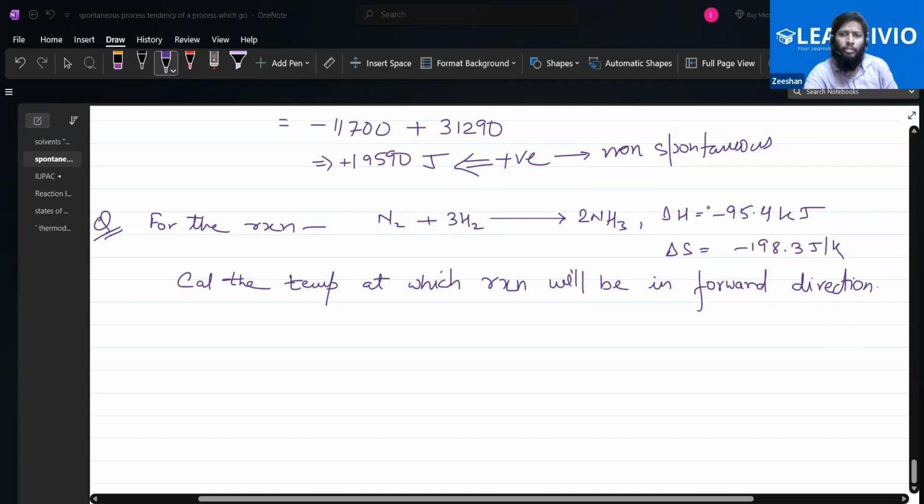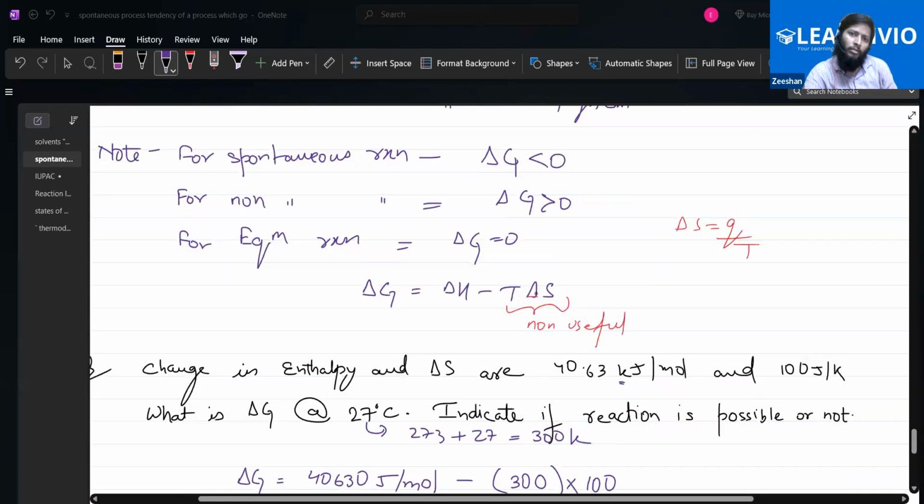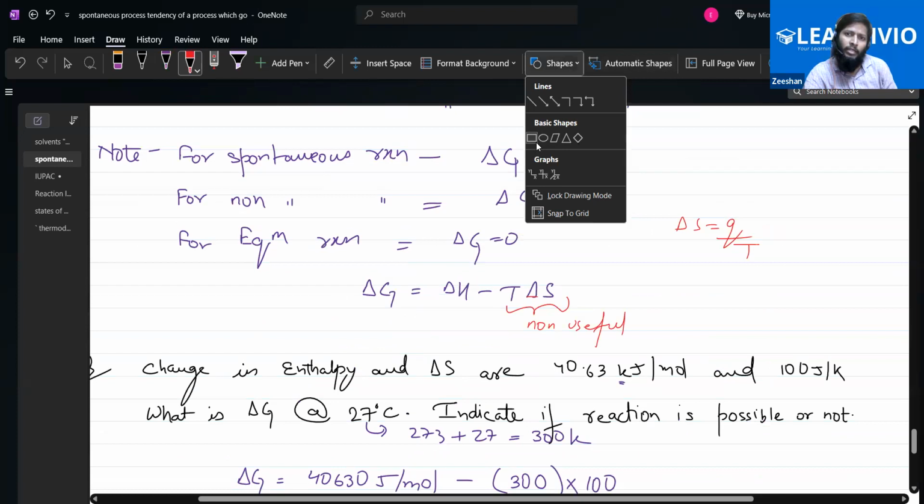You have to use this formula only. Are you getting any idea?